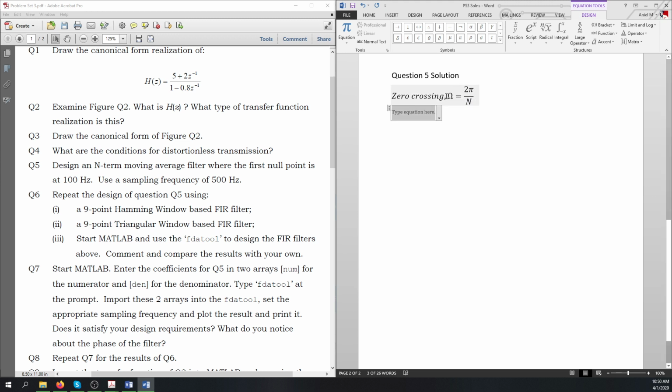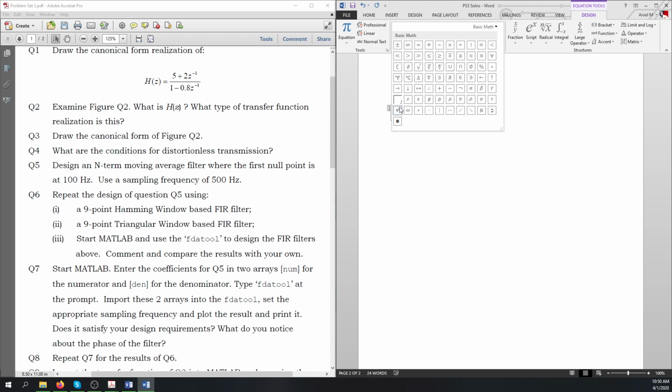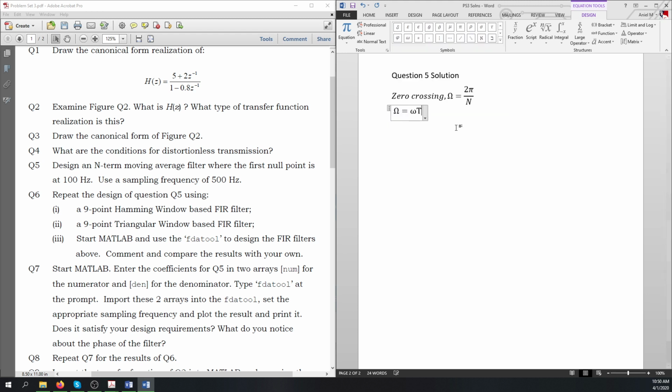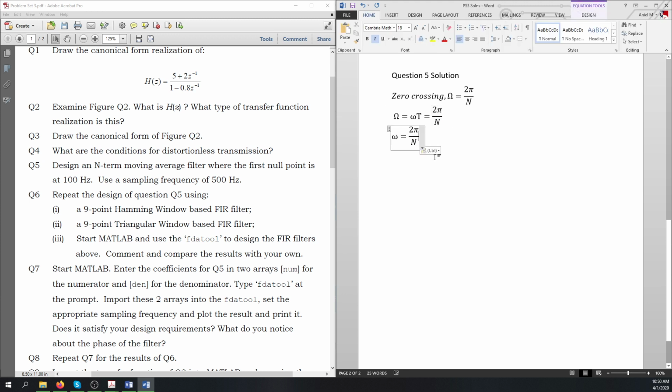But we also know that capital omega here is equal to common omega multiplied by T, which can map to the same thing here, which is 2 pi on n. So then we can rearrange this entire thing to get in terms of common omega, where on the denominator here this is going to be nT.